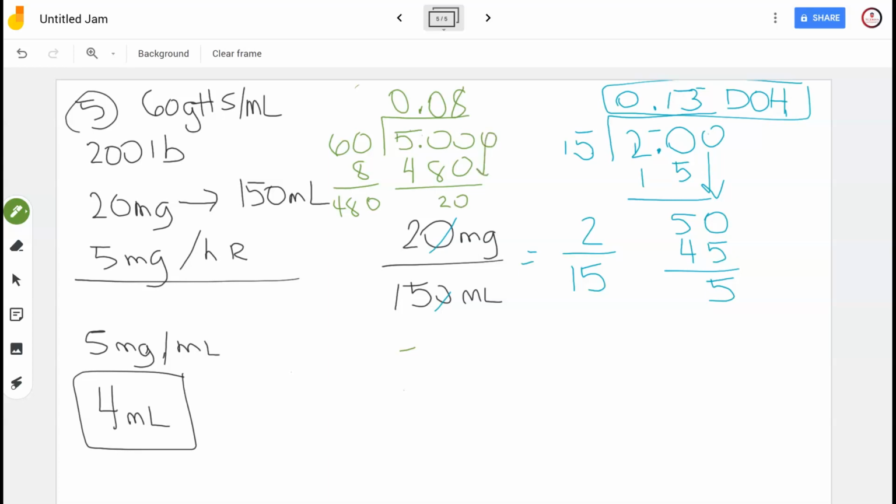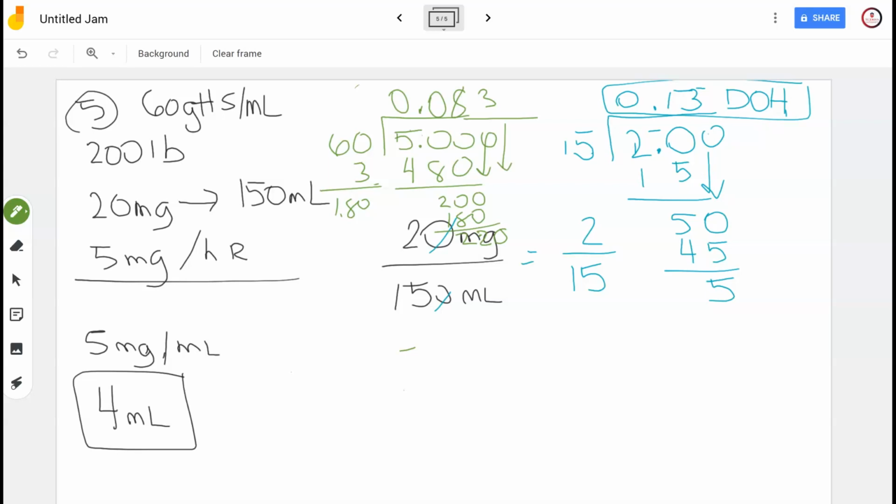We add another 0 and bring it down. 60 goes into 200 3 times. It's 180. So you see here again we have another repeating decimal because it's still 20 every time you bring down another 0.